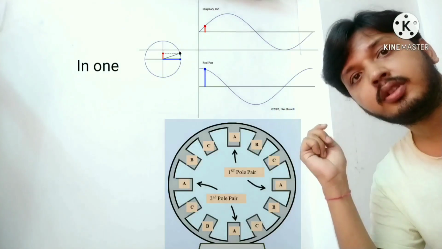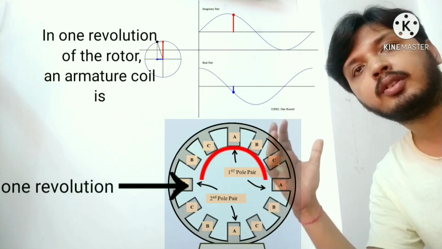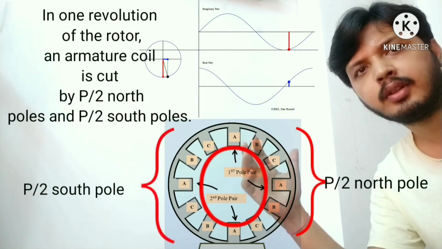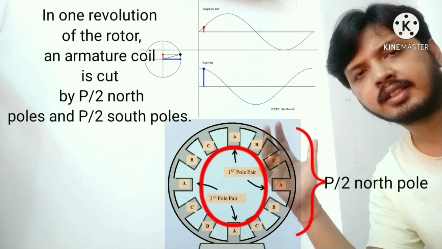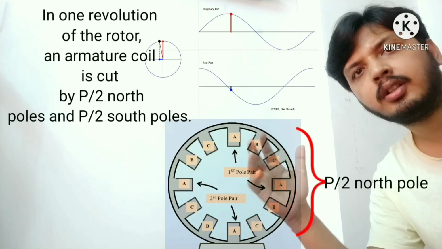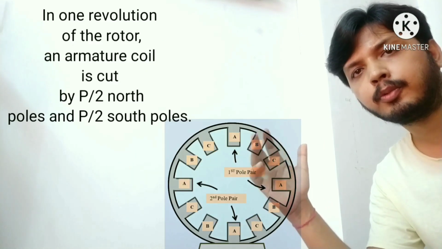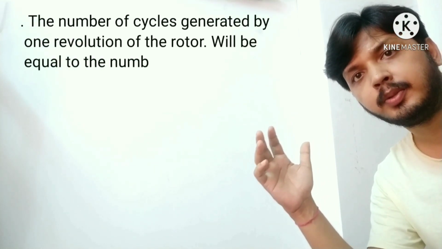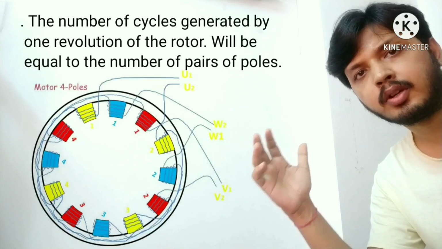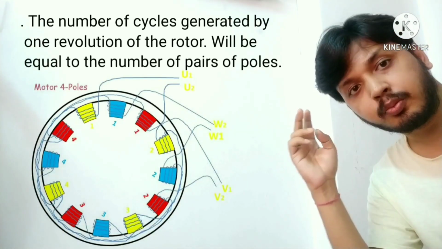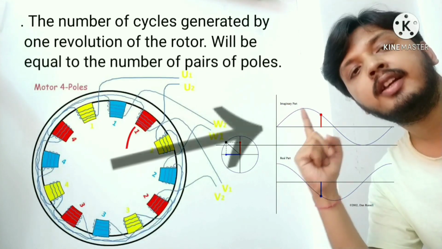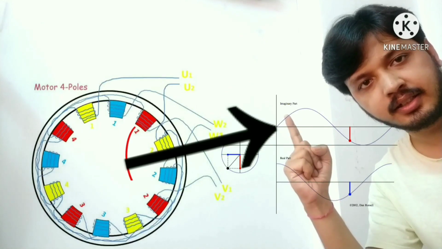In one revolution of the rotor, the armature coil is cut by P by 2 north poles and P by 2 south poles. One cycle is generated in an armature coil when a pair of field poles passes over the coil. So the number of cycles generated by one revolution of the rotor will be equal to the number of pairs of poles, because when one pair of poles is crossed, one cycle is generated.